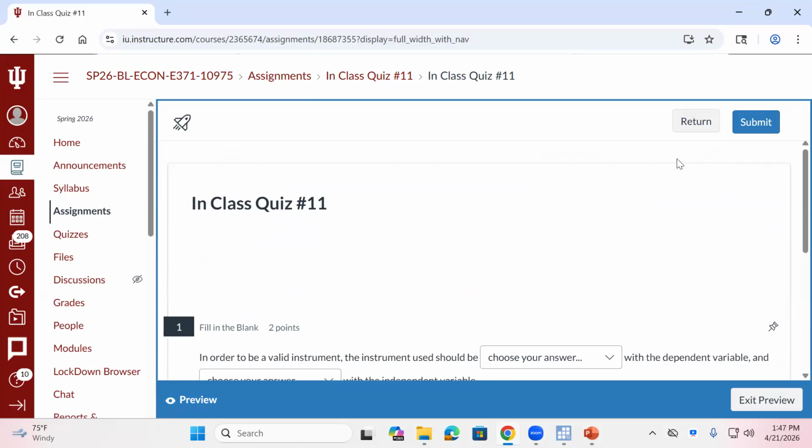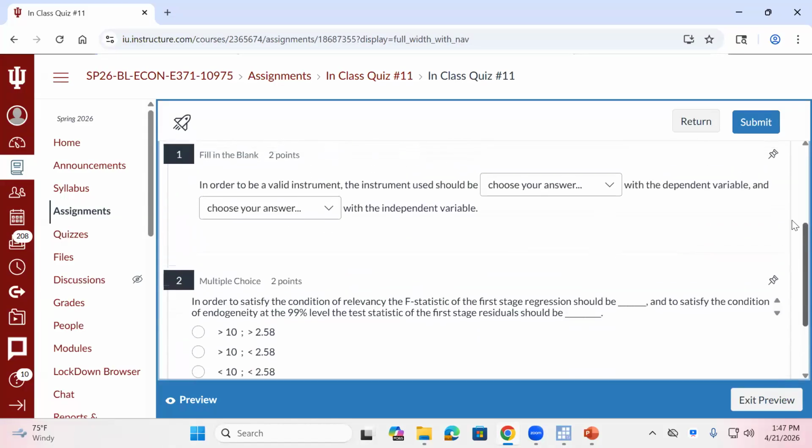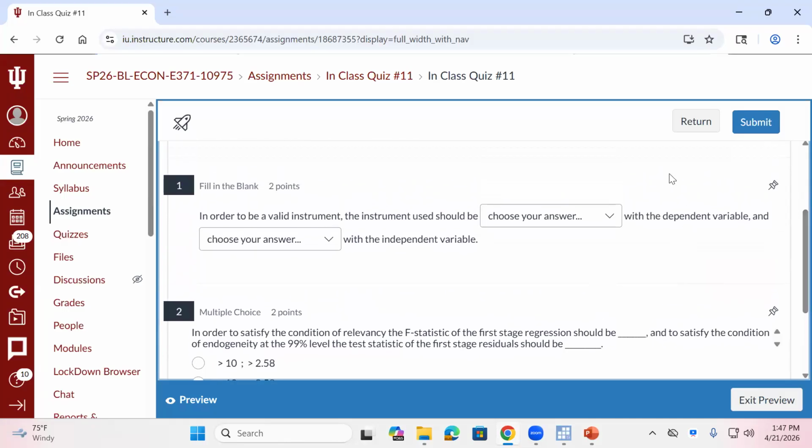All right, so let's think about these two questions. We'll allude to what we're going to talk about next class that we didn't quite get to today. Going back to when we started this discussion, remember the two criteria for a good instrument. If it's a valid instrument, it needs to be correlated with our independent, right-hand side, or X variable, the variable we want the coefficient estimate of.